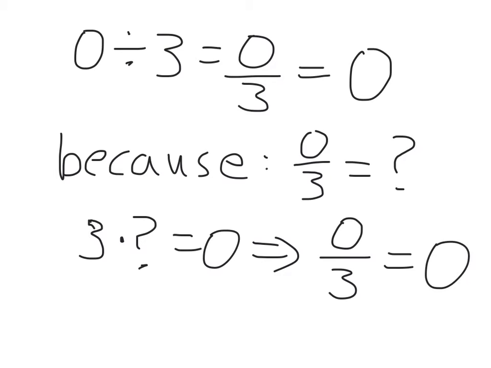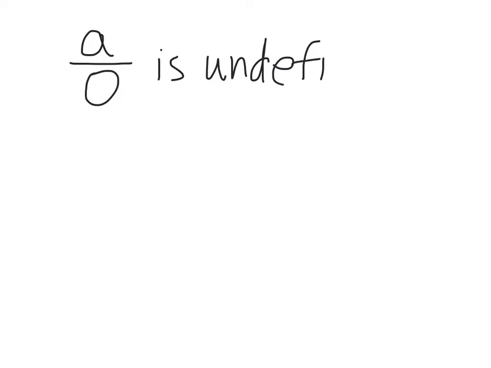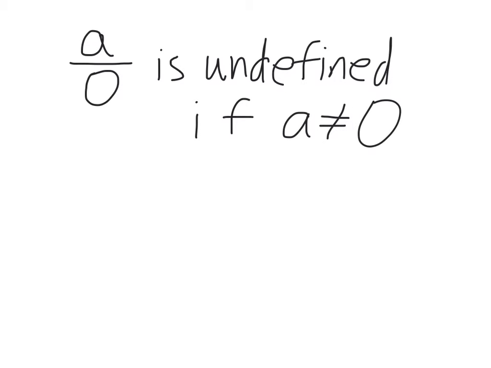So to sum up these properties with 0, if we say some number a divided by 0 is undefined if a does not equal 0. 3 divided by 0, negative 2 divided by 0. 0 divided by 0, well, that's a little tricky one.